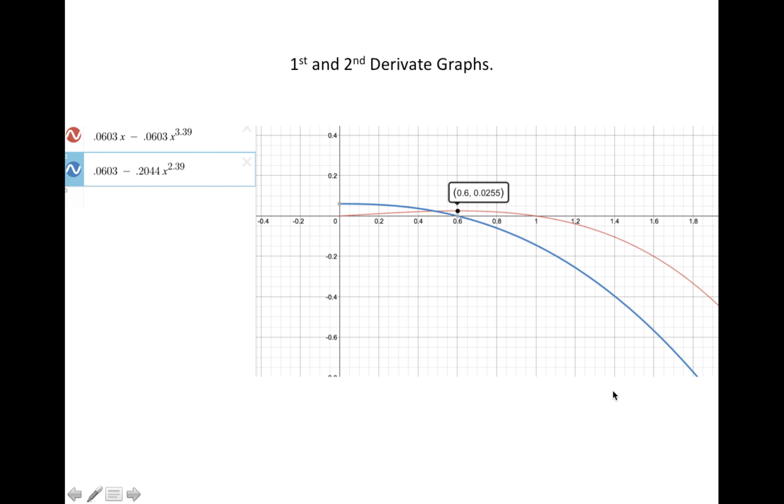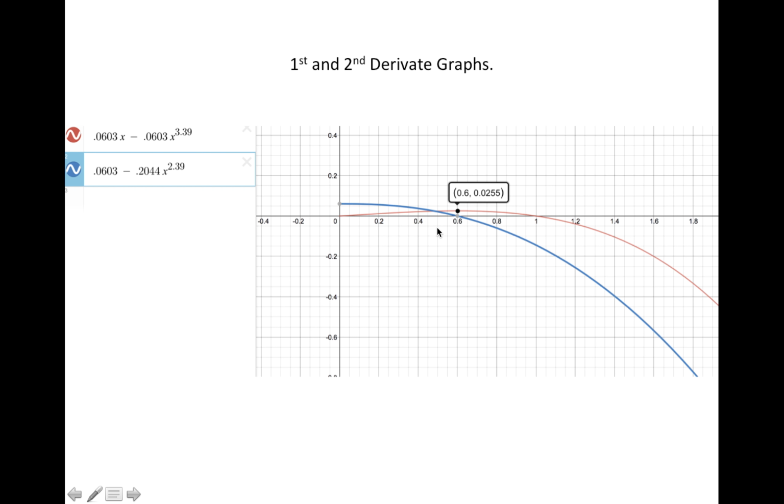And then the values for the critical points were determined using a first derivative test, and then this proved that this 0.6 x value was the max population given the circumstances.